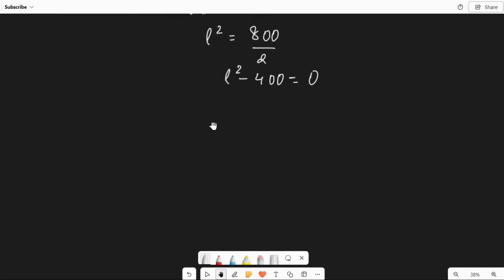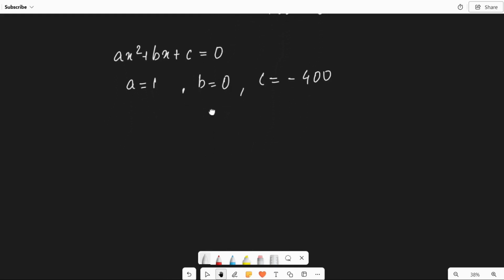So now comparing this quadratic equation with the general form of quadratic equation, that is ax square plus bx plus c is equal to 0, we get a as 1, b as 0 and c as minus 400. So to verify that it is actually possible to have a grove like that with the given length and breadth, let us find the discriminant, that is b square minus 4ac.